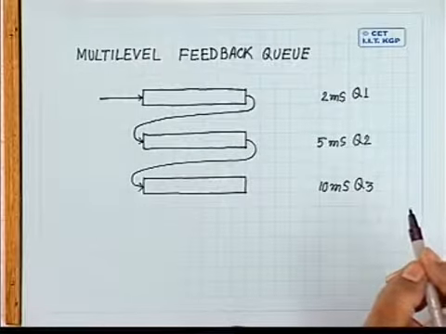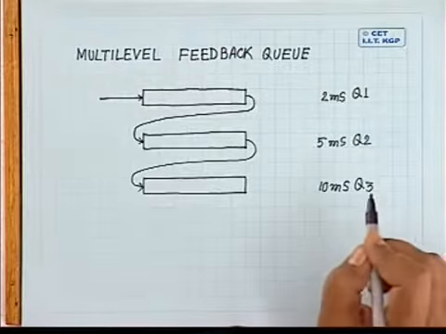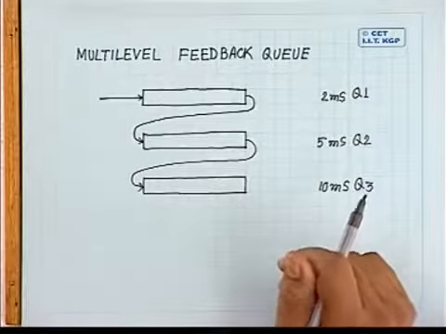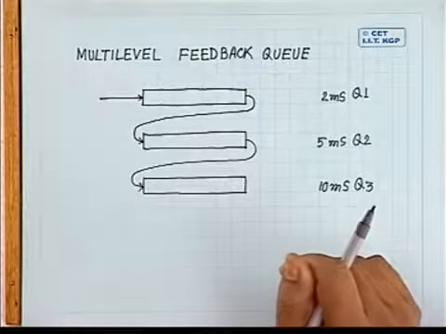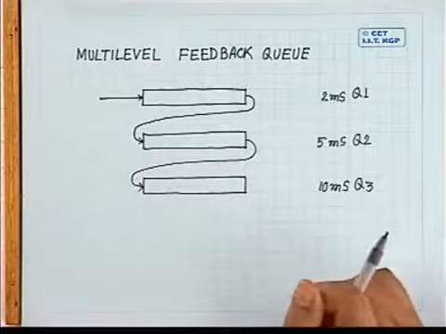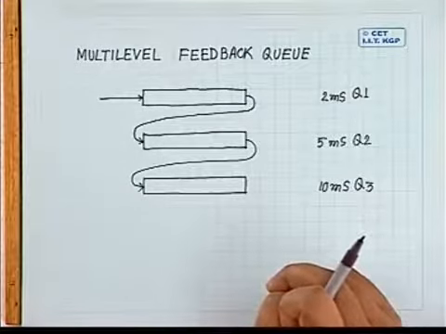So whenever a job enters the system for the first time, let me assume I don't know the nature of the job, whether the job is CPU bound or IO bound, or what will be the CPU burst duration of the job. I don't know anything. I simply put that into queue number 1. In queue number 1, the job will be allocated to the CPU for execution following round robin scheduling technique.